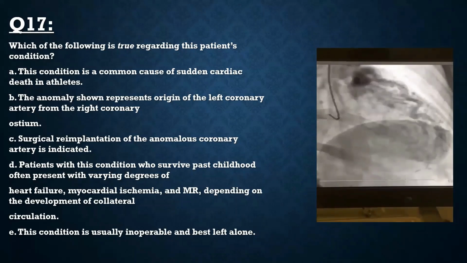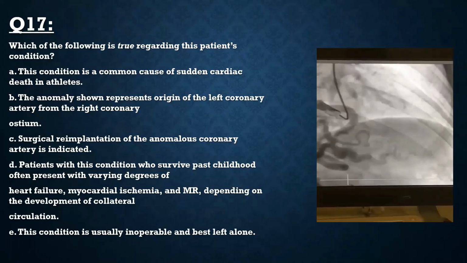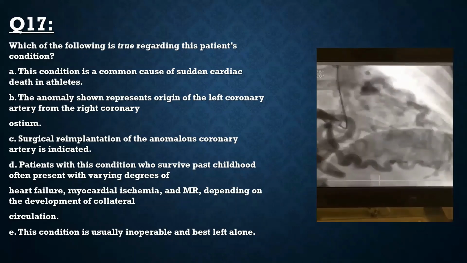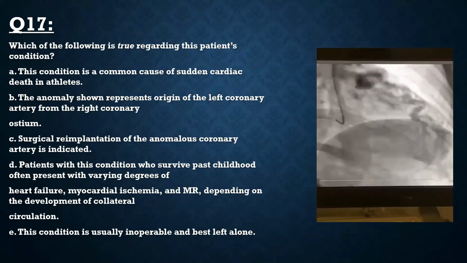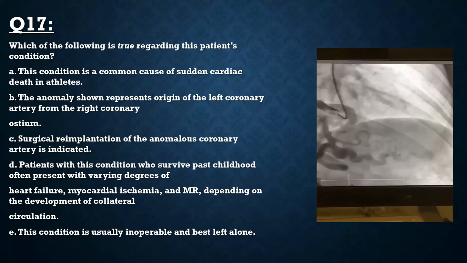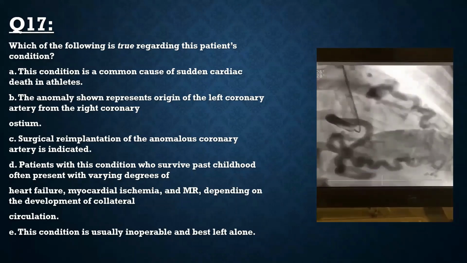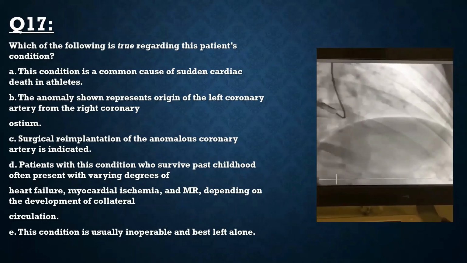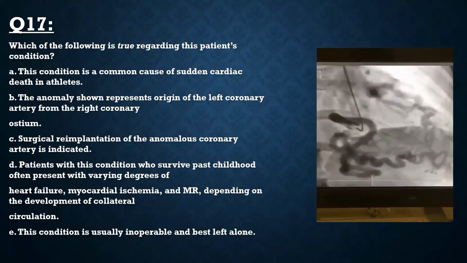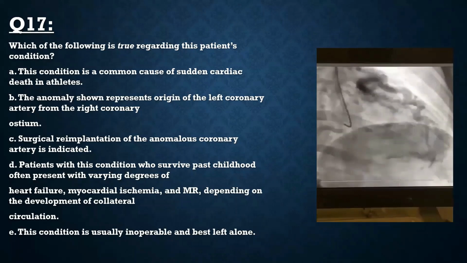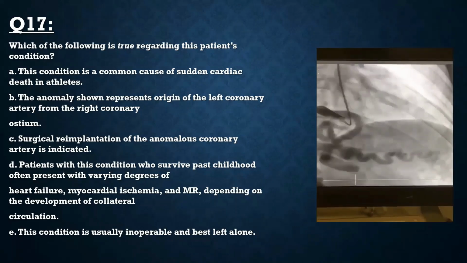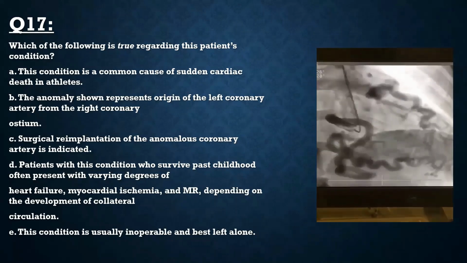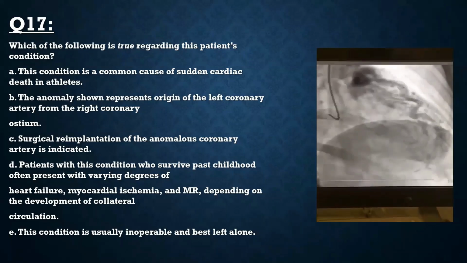Which of the following is true regarding this patient's condition? A, this condition is a common cause of sudden cardiac death in adolescents. B, the anomaly represents origin of the left coronary artery from the right. C, surgical reimplantation of the anomalous coronary artery is indicated.